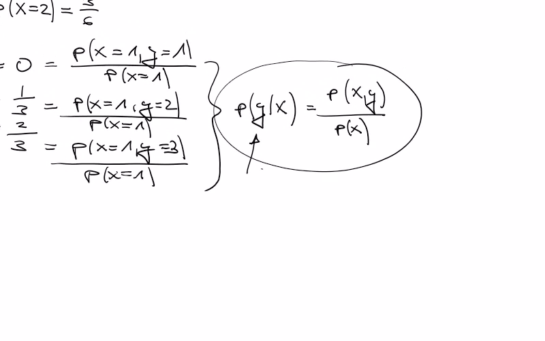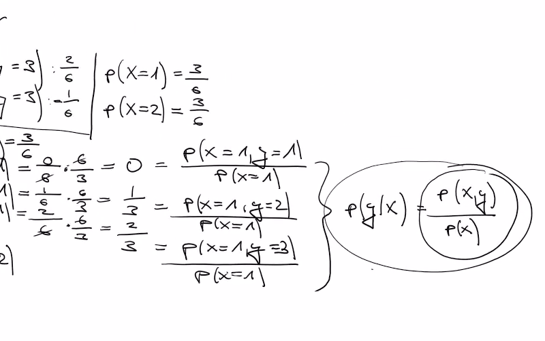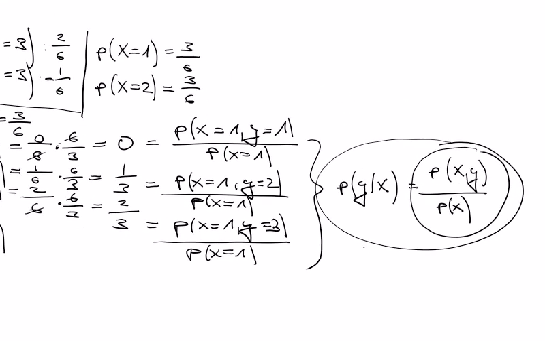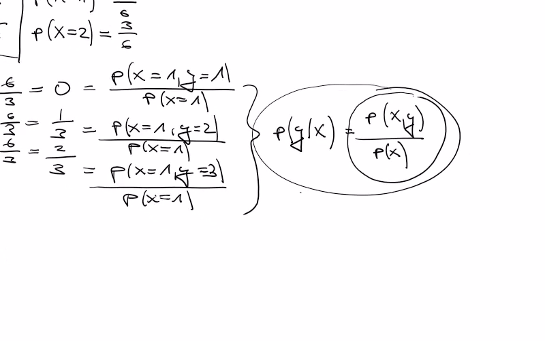Maybe as an outlook, if you want to look into math books: this ratio is only defined if the marginal probability of x is never 0. We are lucky here because the marginal probabilities of x are 3/6 and 3/6. If one of them were 0, then this thing wouldn't be defined.